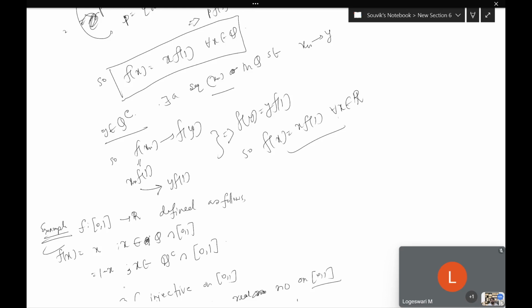What is f(xn)? Because all xn are rational, f(xn) is xn f(1), which goes to y f(1). So f(y) is equal to y f(1) by the uniqueness of the limit of the sequence. This is what we want to show.